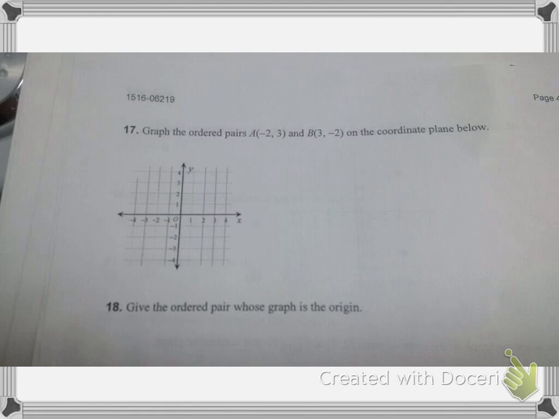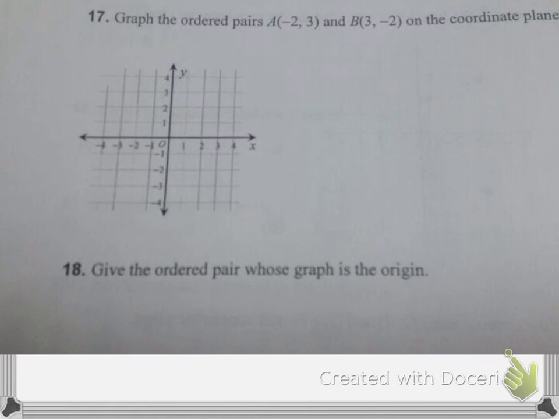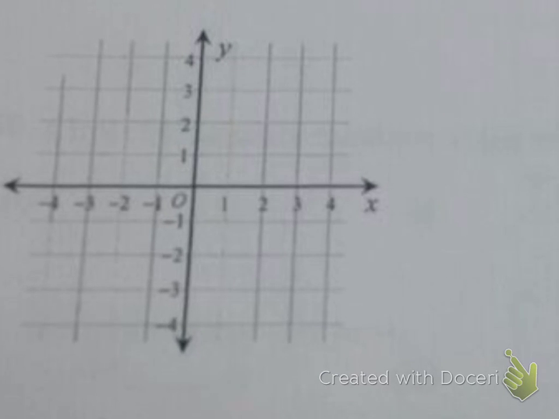For number 18, it simply says, give an ordered pair whose graph is the origin. Now the origin is always going to end up being our center. So therefore, our origin is this spot right here. And since that's where we always start, we remember x is across, y is up or down.